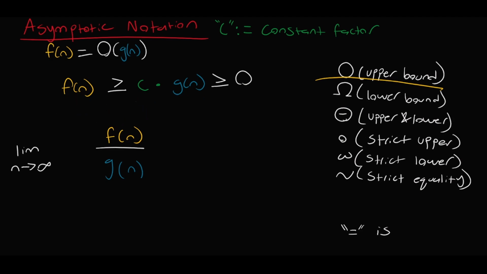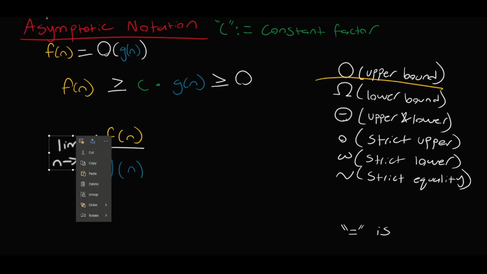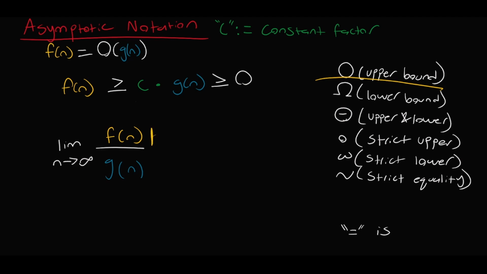And to evaluate this in terms of limits, let's move this a little bit over here. Since our f of n is dominating now, we're going to keep going and going to infinity. It's going to keep growing. So this is to say that our limit is greater than 0.